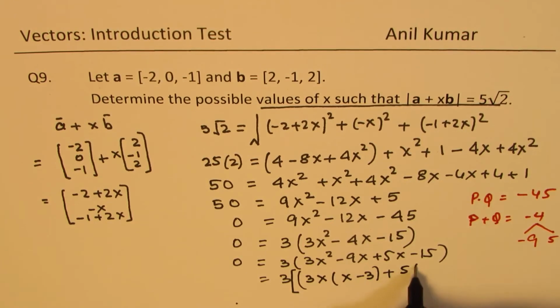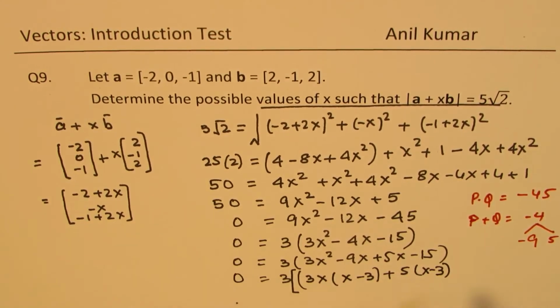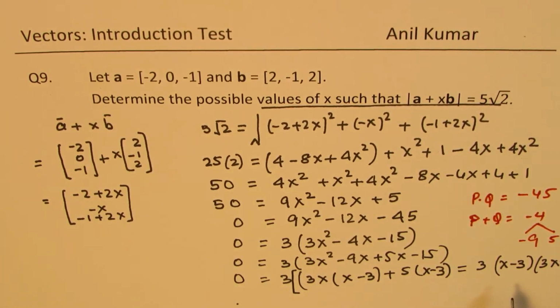Here we have 5 common, 5 times (x minus 3). So now we can factor and write this as 3 times (x minus 3), which is a common factor, times (3x plus 5). Right? So that becomes the factored form, and from here we get our solution. Clear?